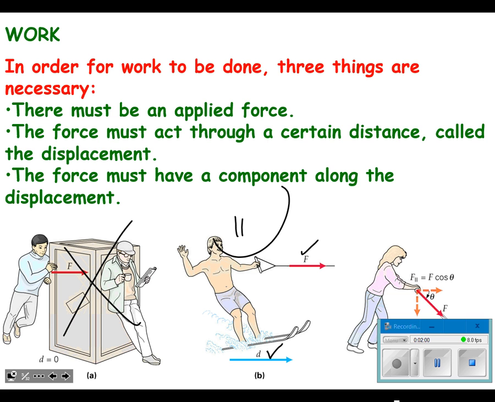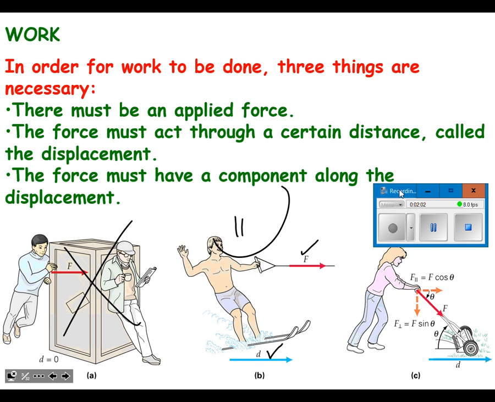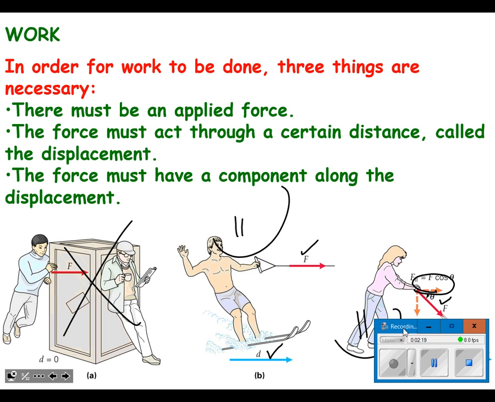On this one, let me see if I can move things without causing too much of an issue. So we have a force at an angle, so there is an applied force, there is a displacement, and a portion of this is on the same plane, so yes, there is work being done in this one as well.